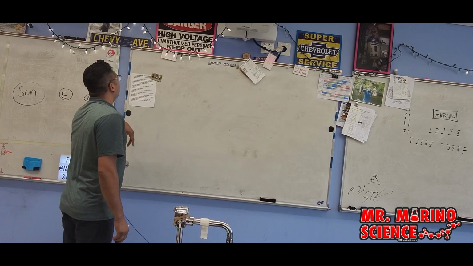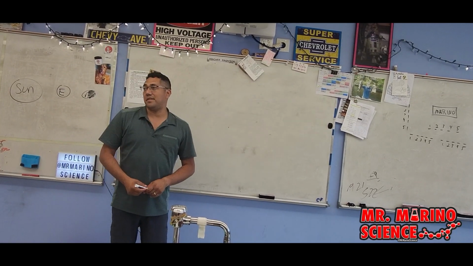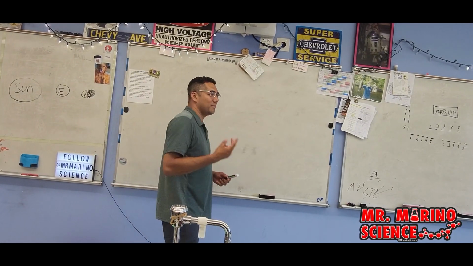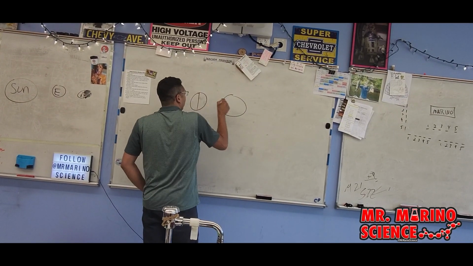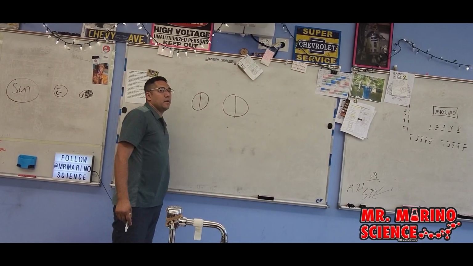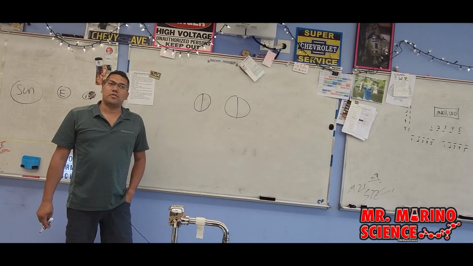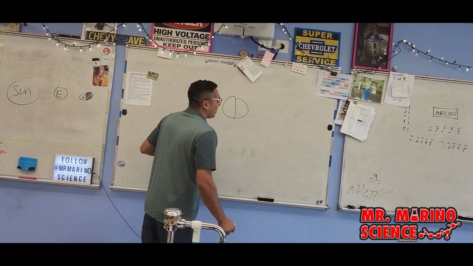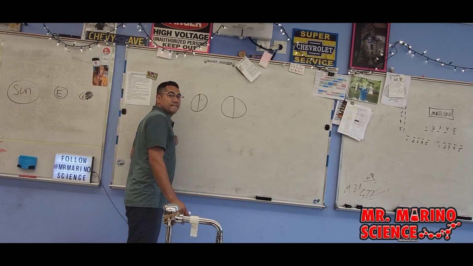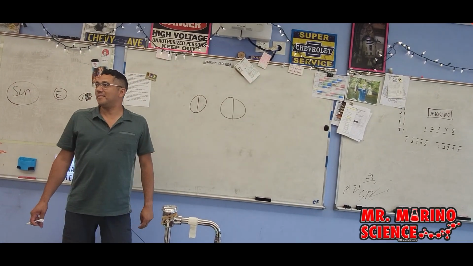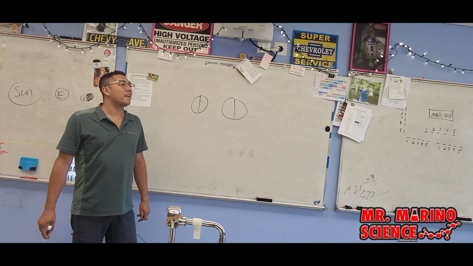Next, name and illustrate 4 different moon phases. I'm just going to give you 2. These 2 are the easiest. First quarter and last quarter. During the first quarter, which side of the moon is dark? Look it up. What do you got?